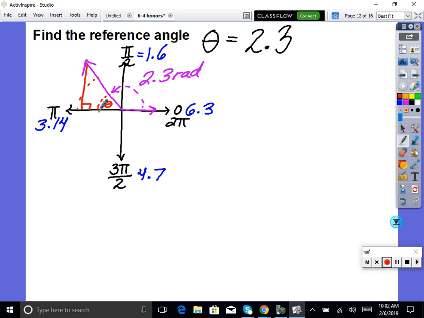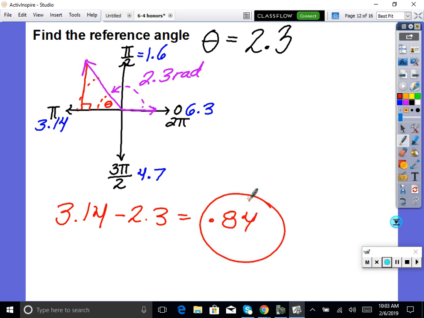Isn't this going to be the finishing radius distance? Okay, how would we do that? 3.14 minus 2.3, that would be the remaining amount, which is 0.84. That would be your reference radian. Okay, good.